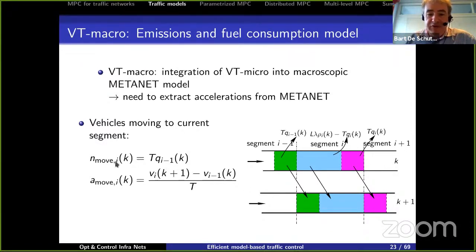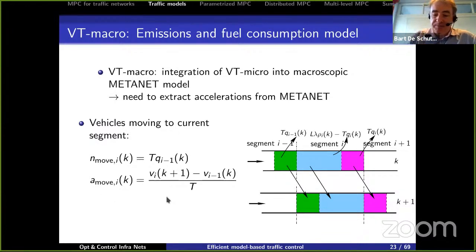If we consider the vehicles that move from one segment to the other, then the number of vehicles is described by the outflow of the previous segment, and the acceleration would then be the difference between the speed in the new segment and the speed in the old segment. So that's how we can capture the number of vehicles moving from the previous segment to the current segment and their acceleration.